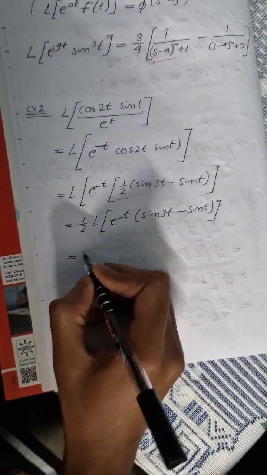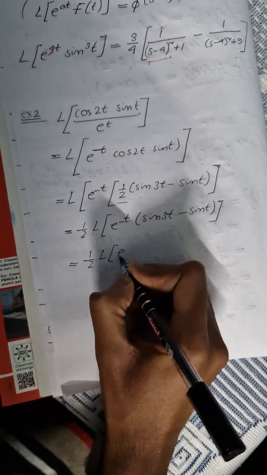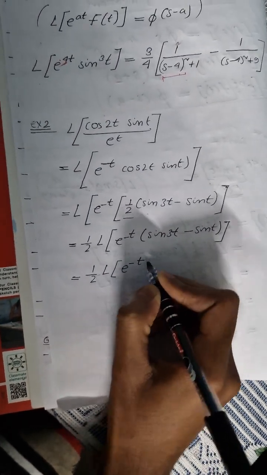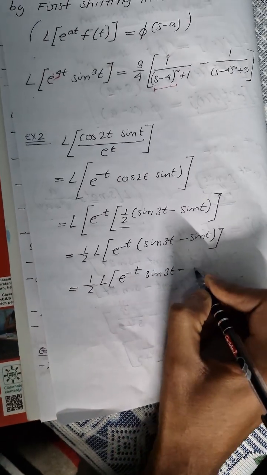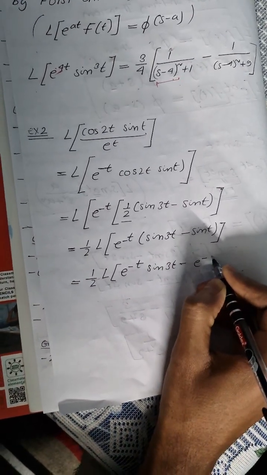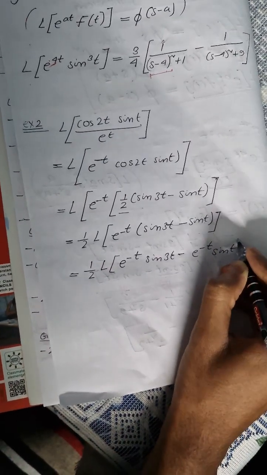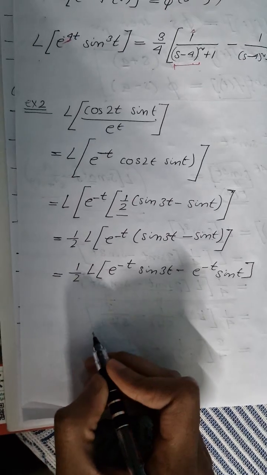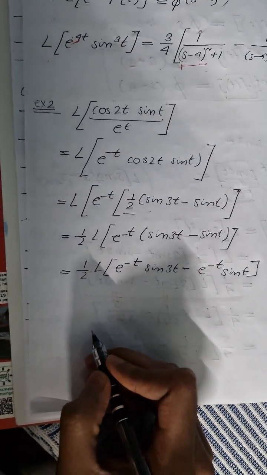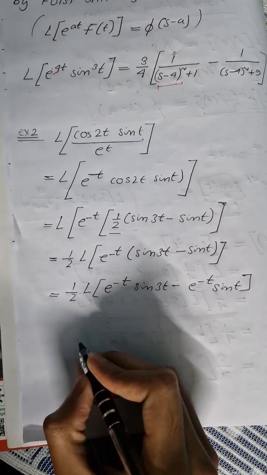Now again it is equal to 1 by 2 of Laplace of e to the power minus t sin 3t minus e to the power minus t sin t. We just open the bracket here. Now let's see how we can go further with this question.